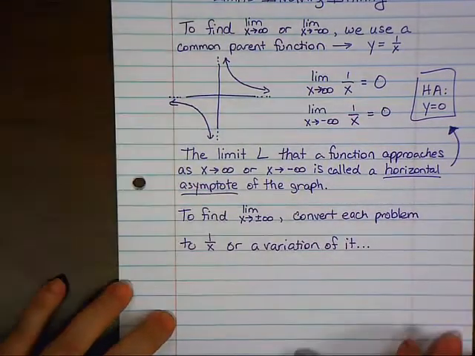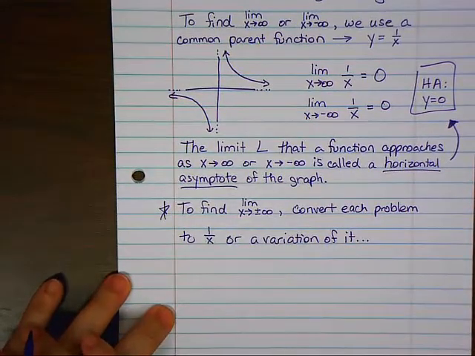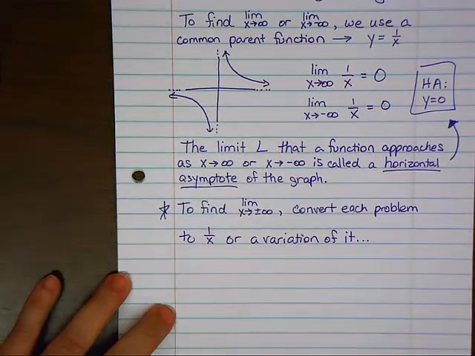Okay, this is the method that I'm about to show you. And this method is very similar to what we did yesterday with the trig limits. With the trig problems, what was the fraction we were always trying to find embedded in the problem? You remember what that fraction was?